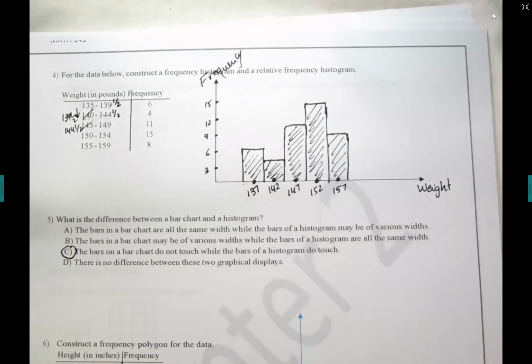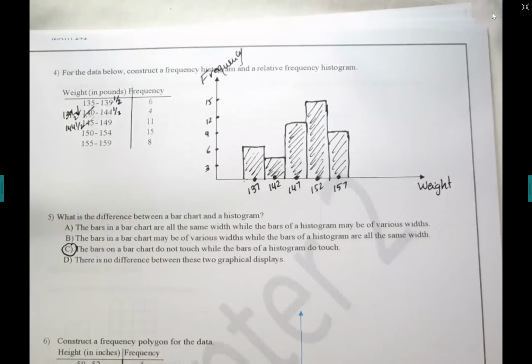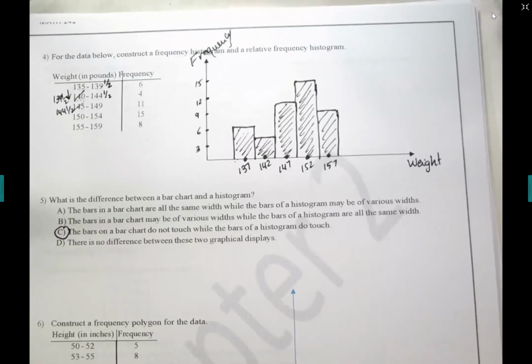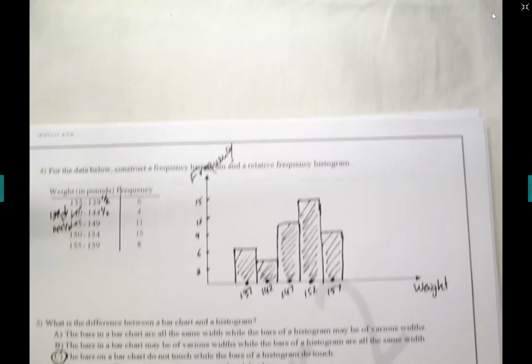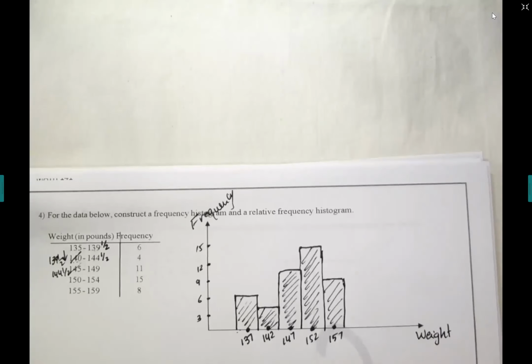All right, let me tell you what a frequency polygon is. This is another graph, and that's probably it for this section. A frequency polygon. I'm going to do it on the histogram that I just did right here and show you what the polygon is. Polygon means many lines connected together. And this is how a frequency polygon works.